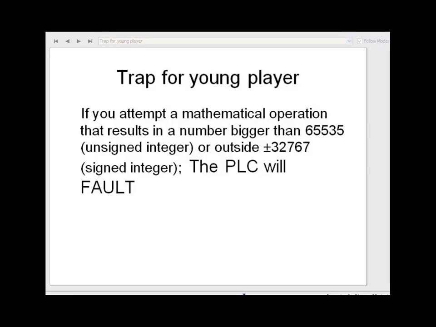Now, you can generate this number quite easily. If you were to take, for instance, outside air temperature, which is normally somewhere between 0 and 50 degrees C, and multiply that by 1000, then if the temperature was 50 degrees, the result would be 50,000.